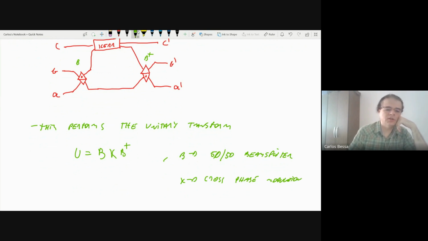In this case, because it's related with modes b and c, I'll write it this way: exponential of i zeta b dagger b c dagger c, where zeta is just chi L.